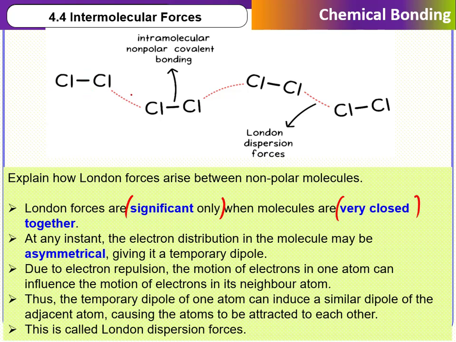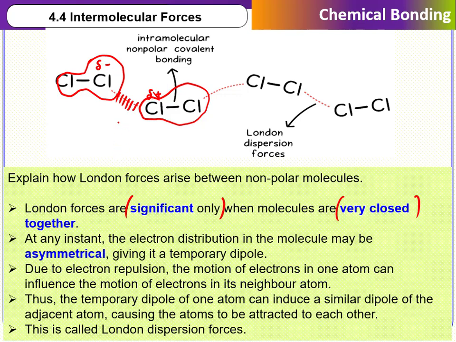So, when Cl2 jumpa with the other Cl2 molecule, kan, which means the interaction is between the partial negative end jumpa with the partial positive end, kan, like this, then only they become significant, having the interaction between the negative end with the positive end.